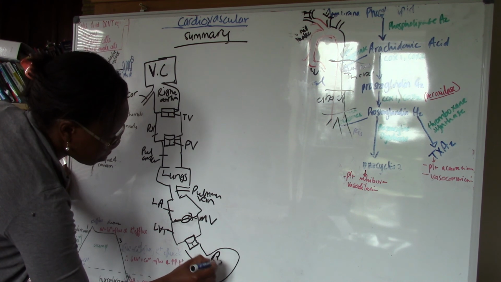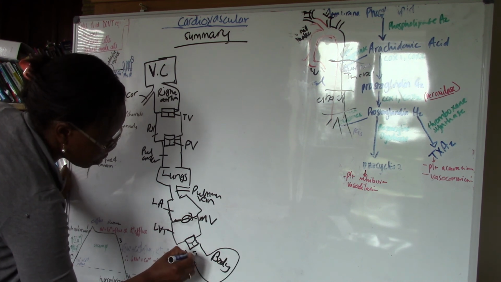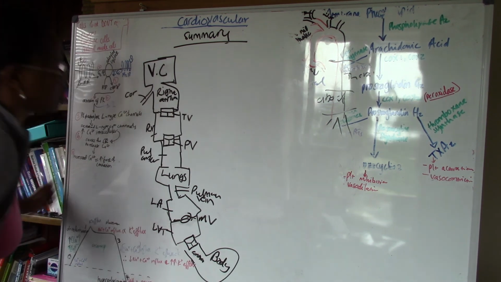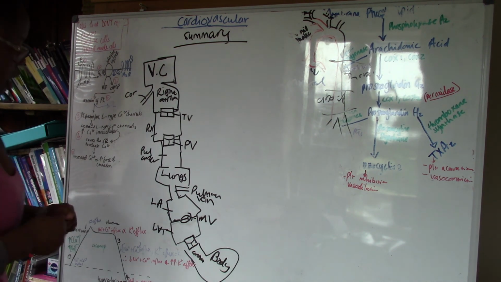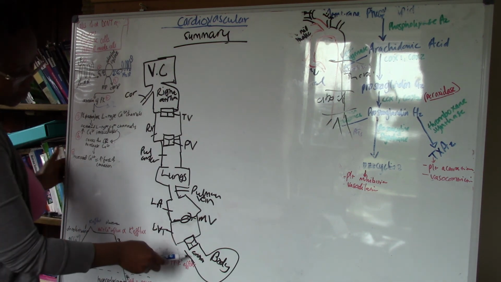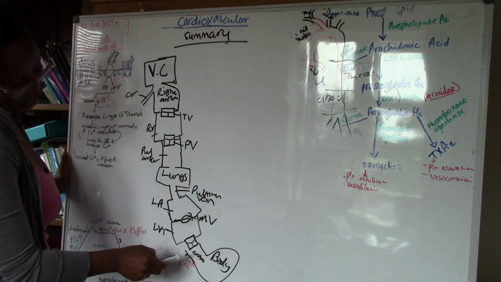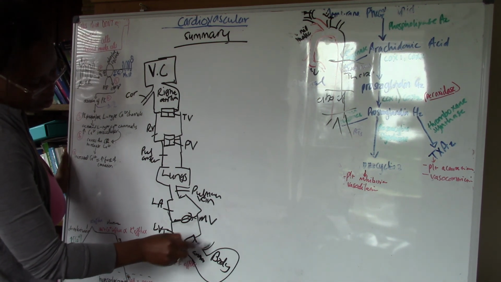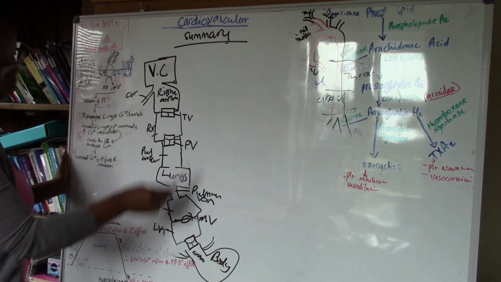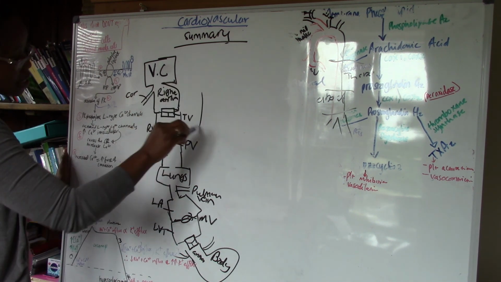This is the body. So this is the aorta. And the first branch from the aorta are the coronary arteries, which feed the heart itself.